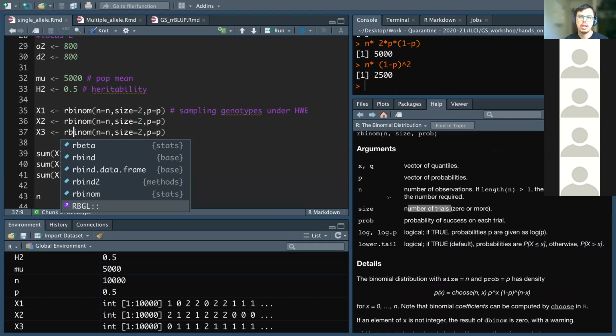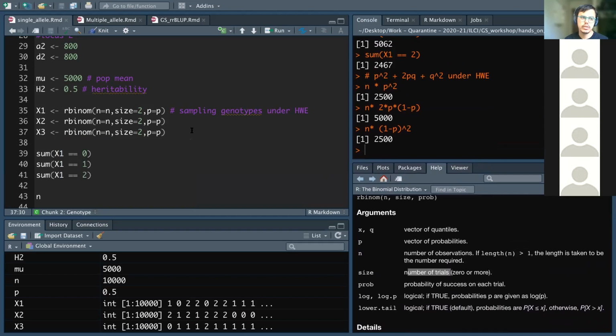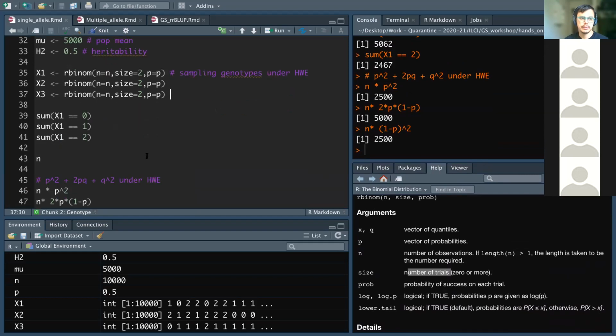That is a really helpful way to not just improve your skills in R, but to understand every single part of the code. But the straightforward answer is we need to generate numbers between 0 and 2 because we have 3 genotypes.